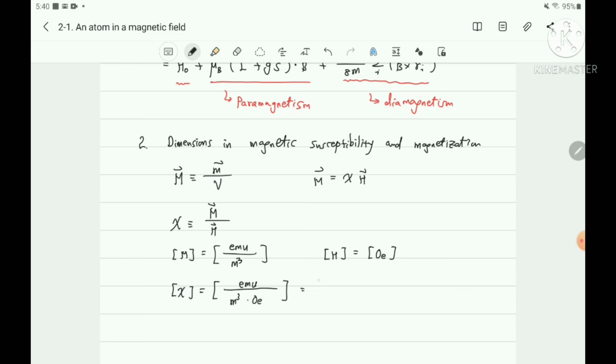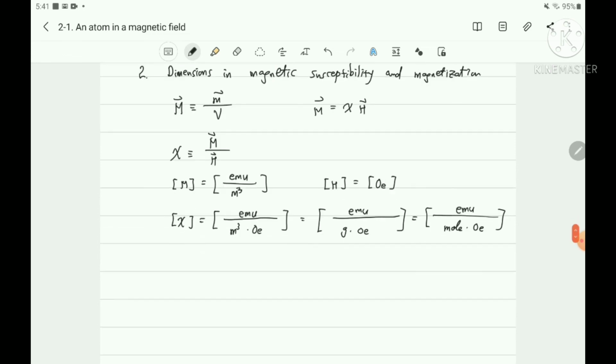In other words, the volume can be recalculated as a mass, so emu per gram oersted, or it can be written per mole as emu per mole oersted. But we should care about the dimension when we measure magnetic properties in an experiment.